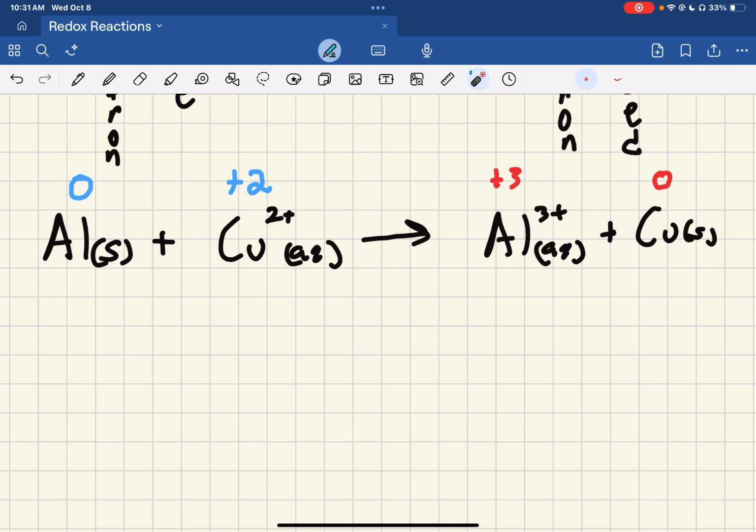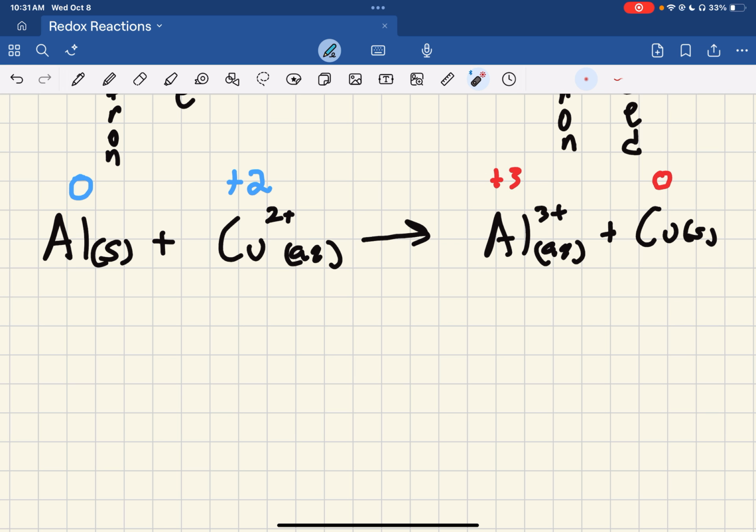Okay, so let's take a look first at aluminum. See what's happening with this guy right here. So aluminum goes from 0 all the way to positive 3. Well, what does that mean? It means that aluminum must have lost 3 electrons, because when you lose an electron, you become more positive, and specifically positive by 3.